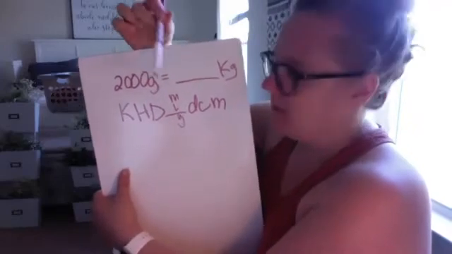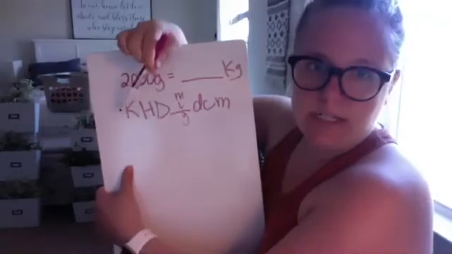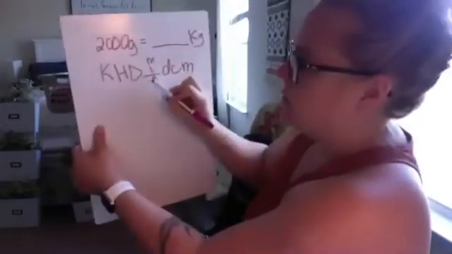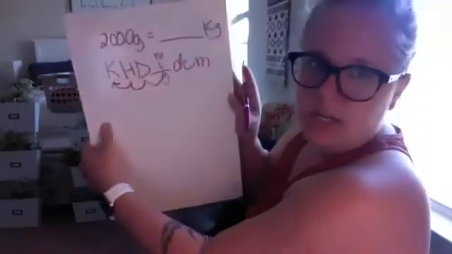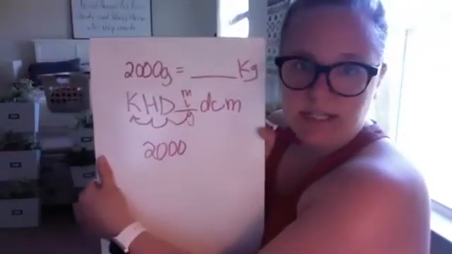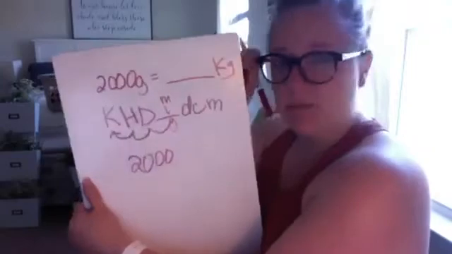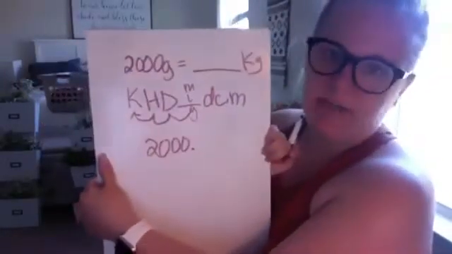So I'm starting right here in the middle, and I need to go 3 to the left. So I go 1, 2, 3 times to the left. To show you with my number, to keep the value of this number but give it a decimal, I put a decimal right here at the end and it doesn't change the value.